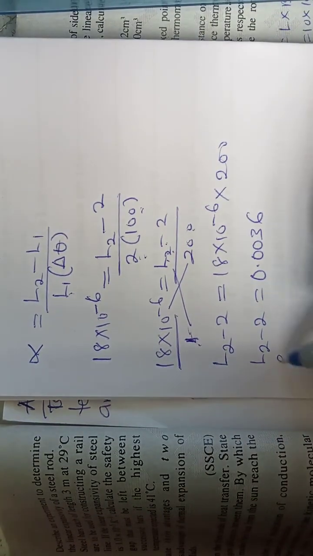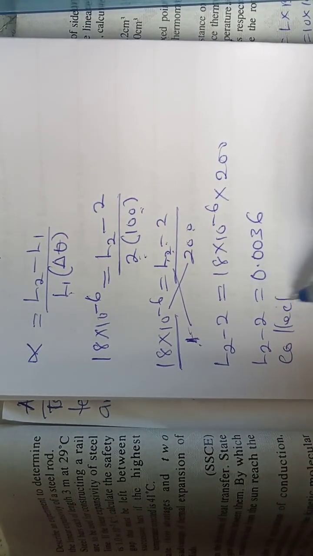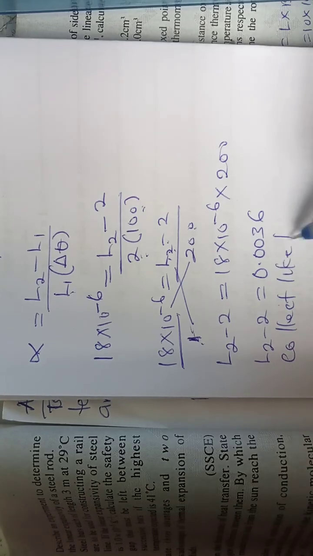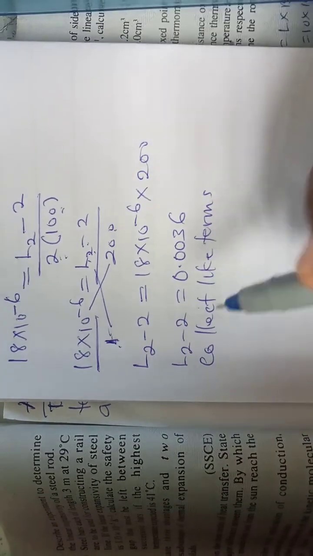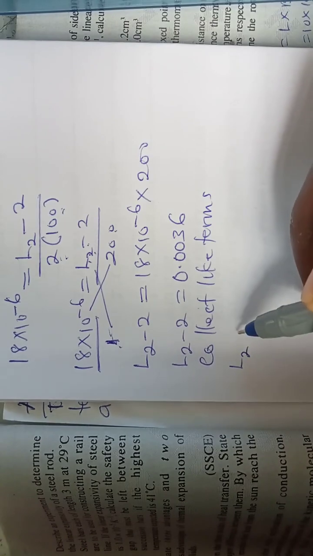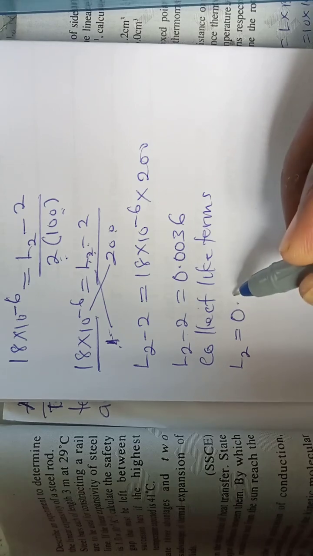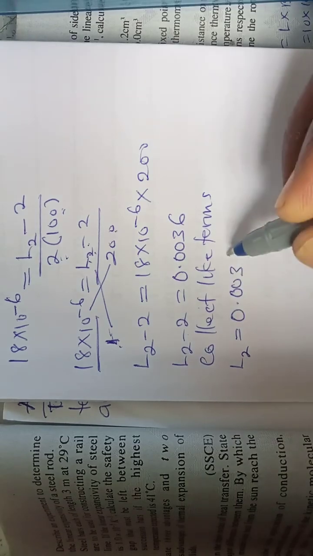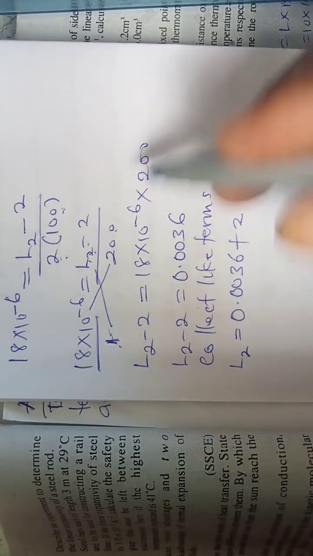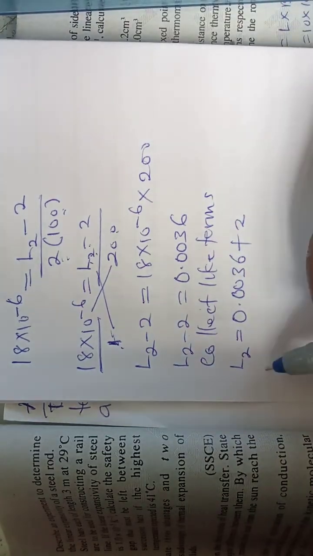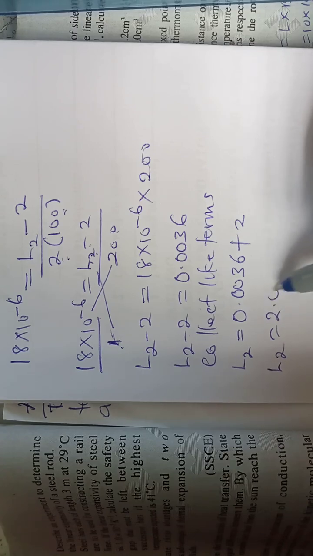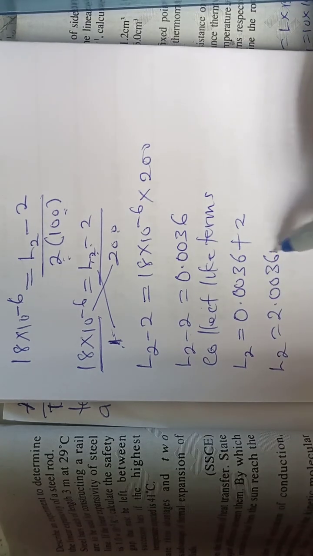So what are we going to do now? We collect like terms. L2 is equal to 0.0036, and since 2 is crossing over to the other side, it changes to plus. So L2 now is equal to 2.0036 meters.